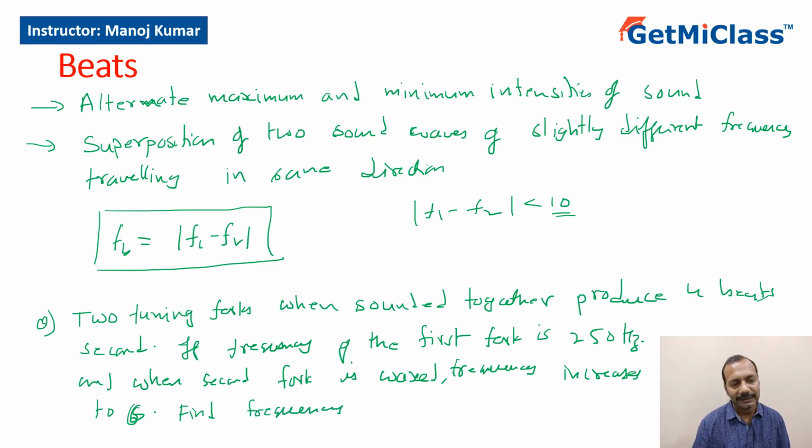Let's say this is the question. So how do I do this? What all things are given? The number of beats is 4, the frequency of the first is 250 hertz, and when the second fork is waxed, the number of beats increases to 6. These are the things given. So let's see how to solve it.